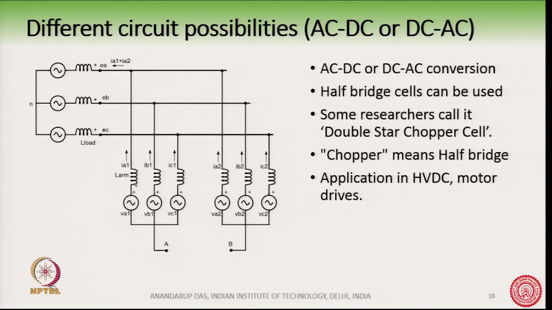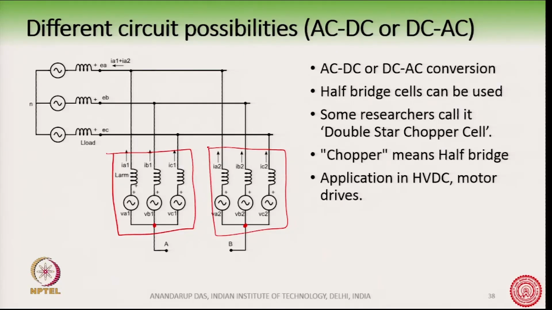Okay. So, this point and this point are 2 isolated neutrals. This one is as if a star connected voltage source, and this is another star connected voltage source, right.